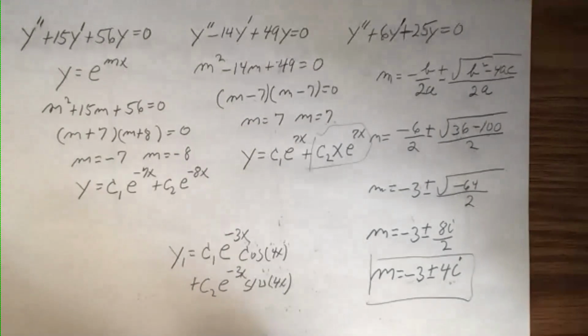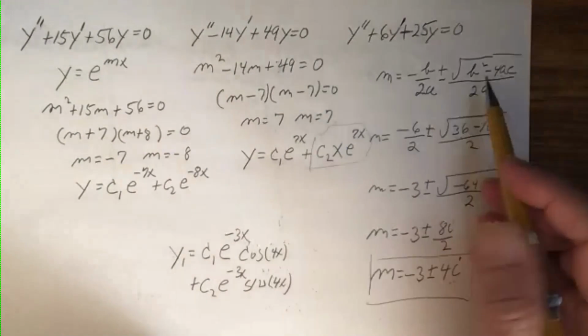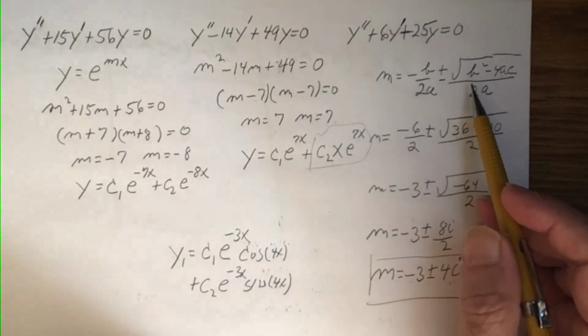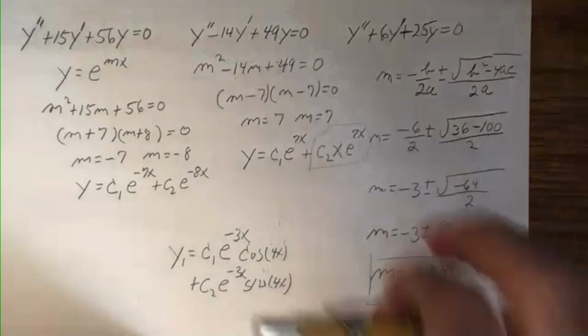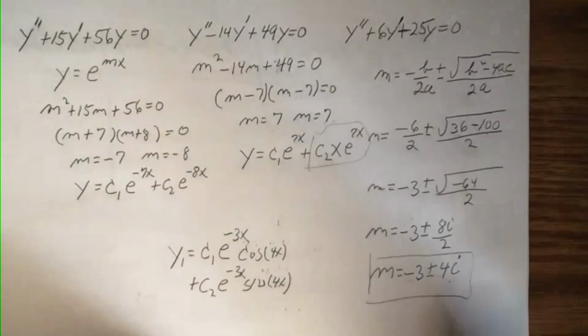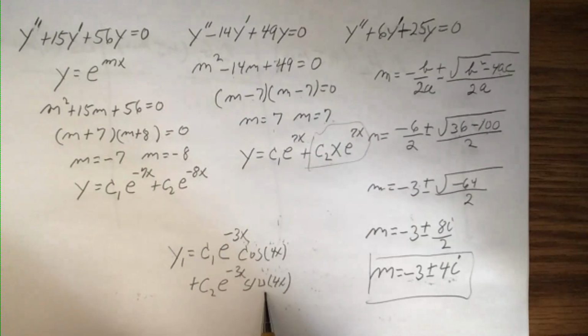So in other words, and I'm going to show you why this works out, if you end up getting complex conjugates, like here I got complex conjugates, this is going to turn out to be sines and cosines.